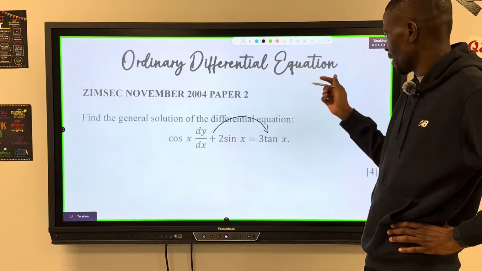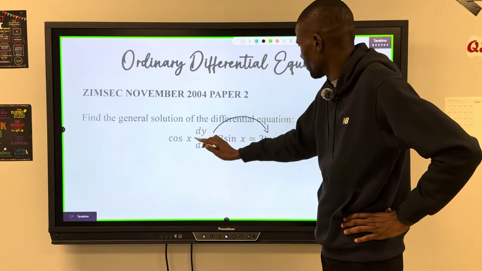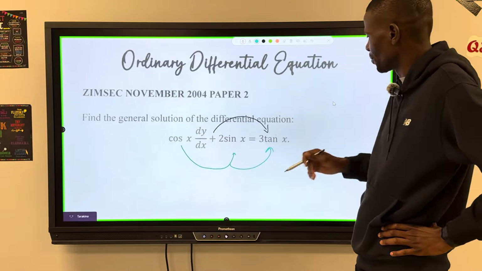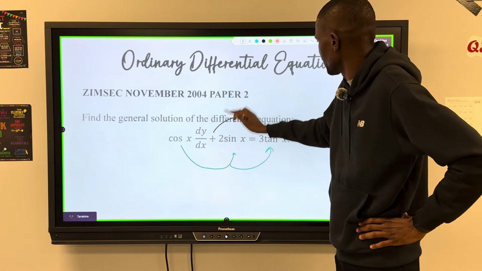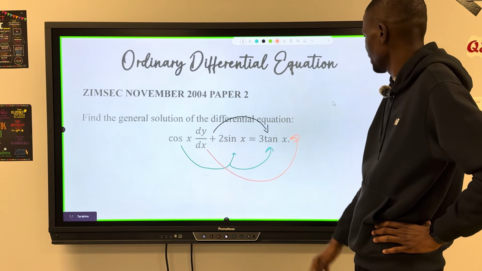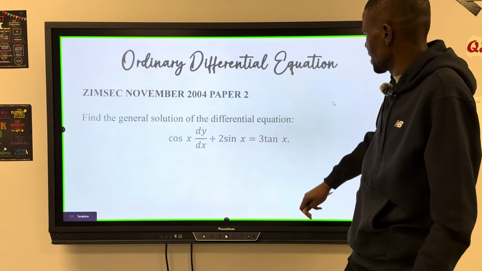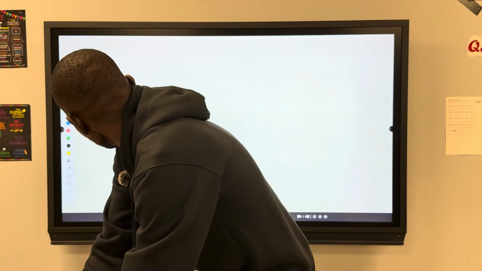When you move this to the other side, you're going to subtract. Then here you're going to bring down, so you're going to divide. Then we can multiply by that. Okay, cool. So with that being said, let's go ahead and get started.